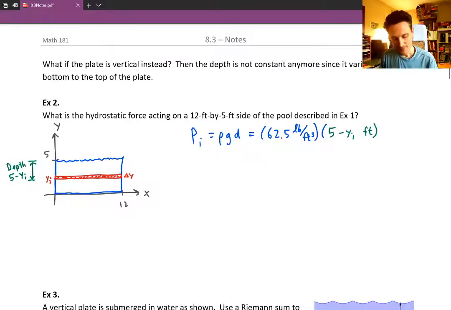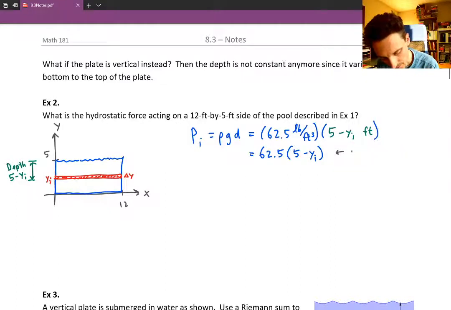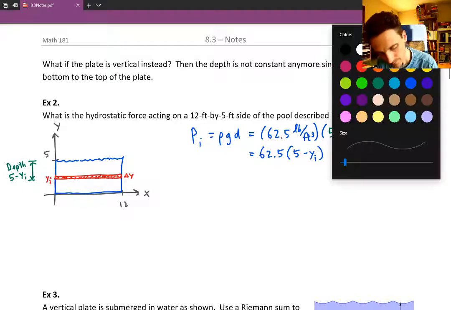That gives us 62.5 times (5 minus y sub i), and the units would be pounds per square foot.